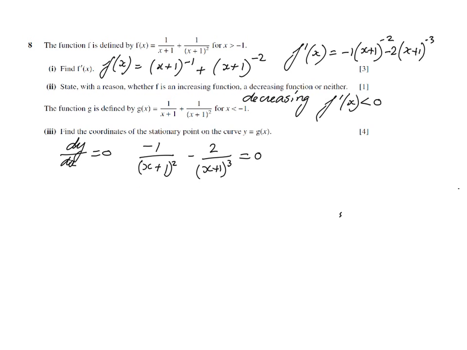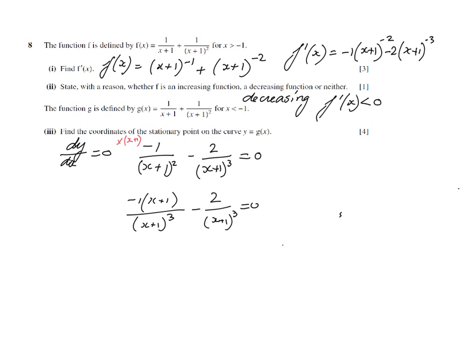I'm going to combine the fractions, so I'm going to multiply this one by x plus 1 to make sure the denominator is the same. So I'm going to say times x plus 1. What am I going to get then? I'm going to get minus 1 times (x plus 1) over (x plus 1) to the power 3. We'll leave this one as it is, (x plus 1) to the power 3.